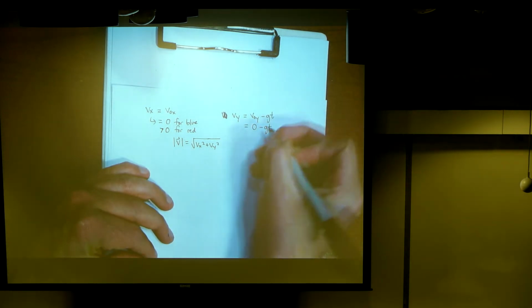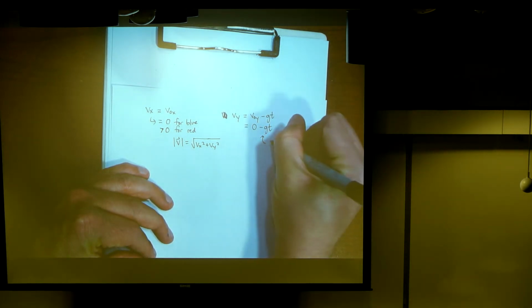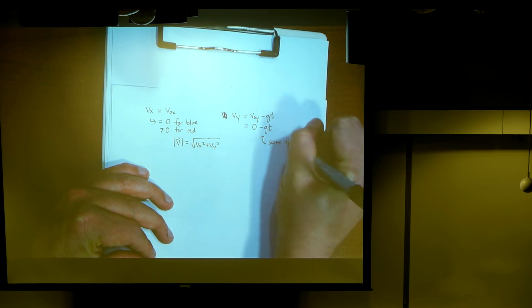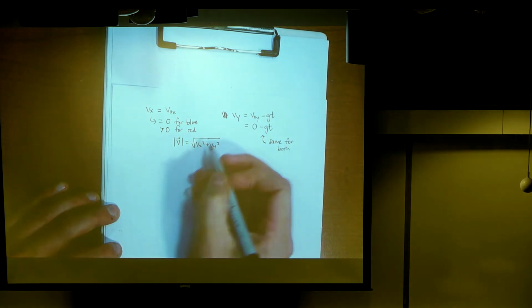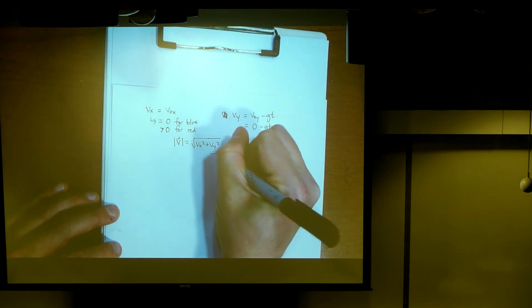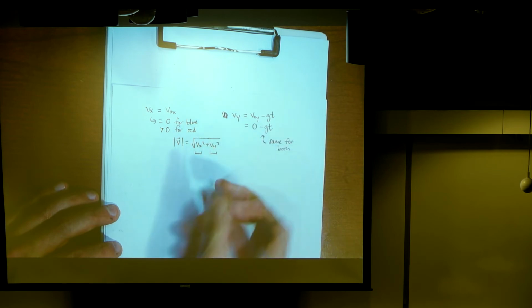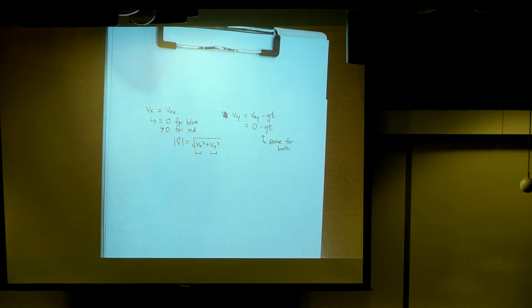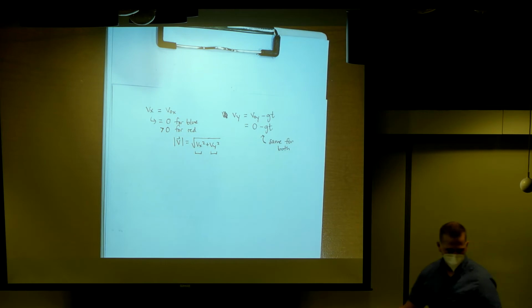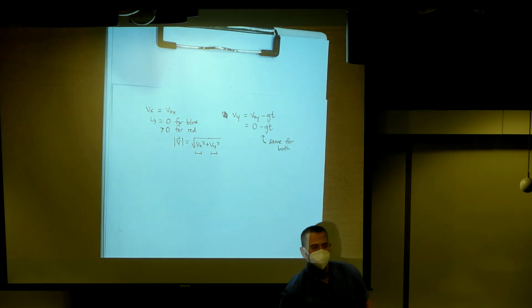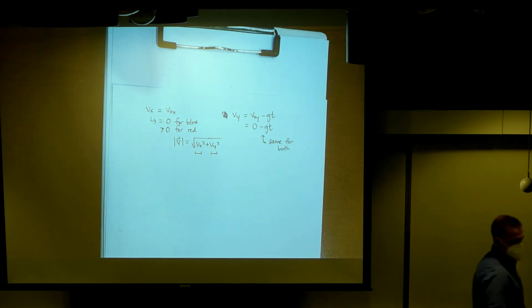So this y velocity upon hitting the ground will be the same for both. So they end up hitting the ground with the same y velocity, but the red one has a bigger x velocity. So that means the red one is moving faster overall. Do you see that? So that's how we can get this to come out of our equations.